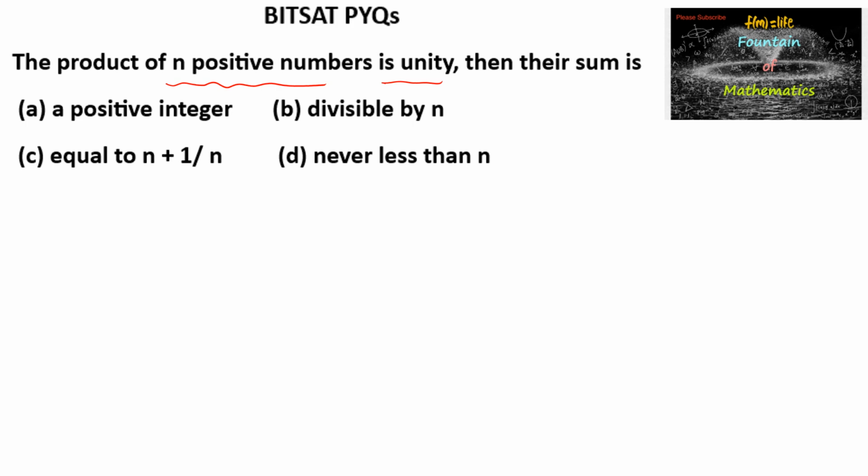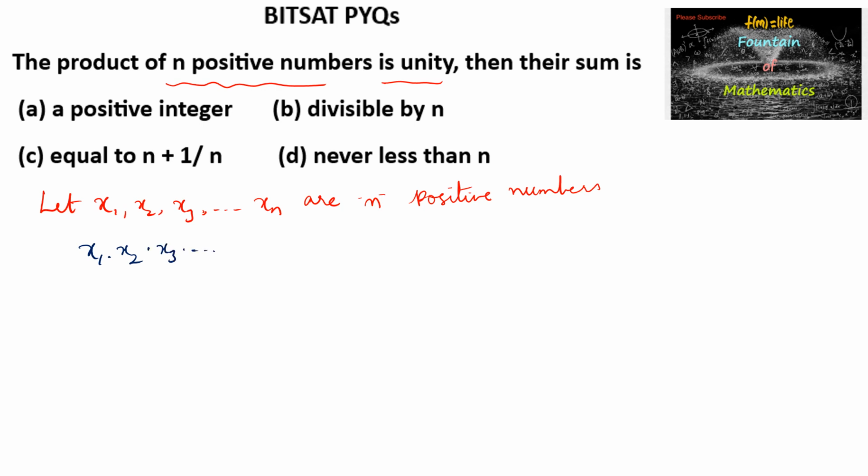So let us consider x1, x2, x3 and so on up to xn are n positive numbers, and it is given that their product is unity, that is 1. x1 into x2 into x3 and so on up to xn, the product of these numbers, is equal to 1, and their sum we need to find out.